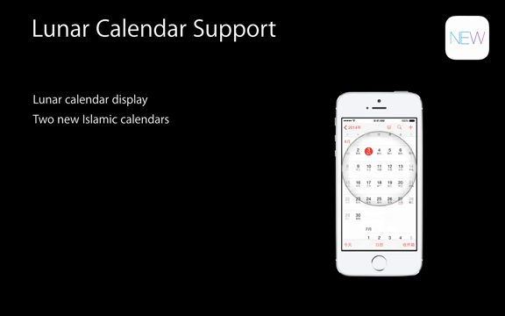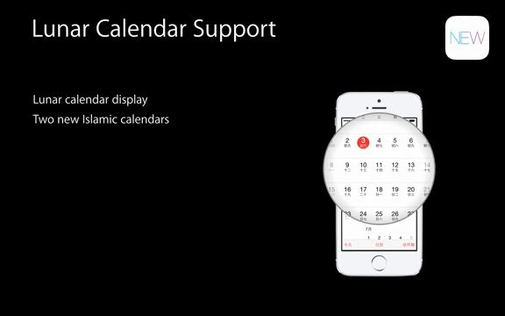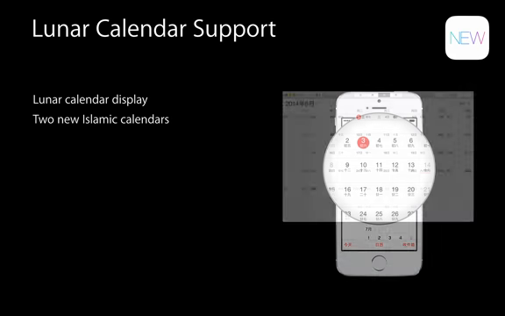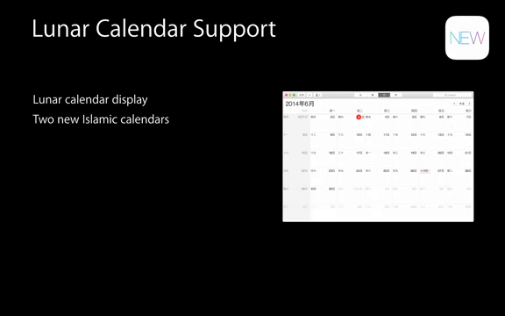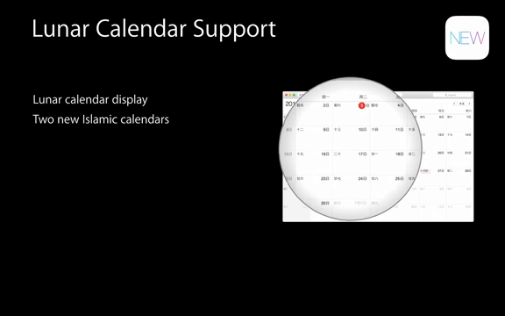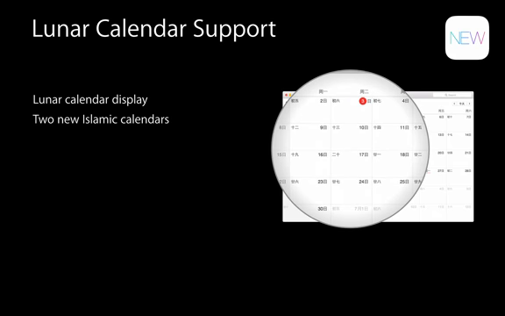This is the calendar app with Chinese lunar calendar dates turned on. You see they show up as an overlay underneath the Gregorian dates here. It's very useful for Chinese customers. And here's what this looks like in OS X. You see here the Gregorian dates on the right and the lunar calendar dates on the left.